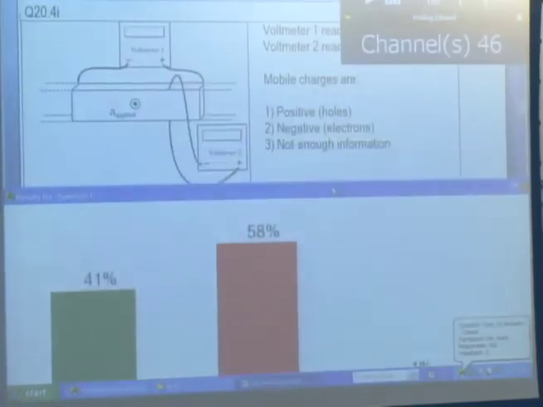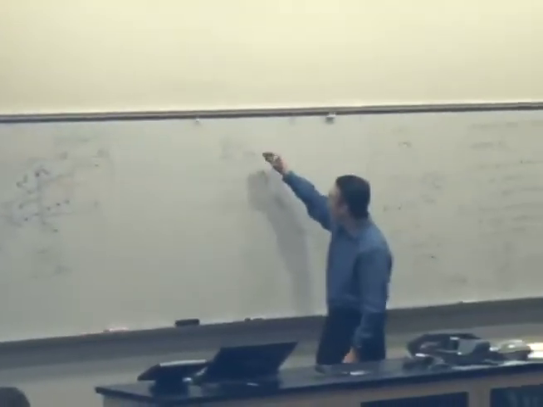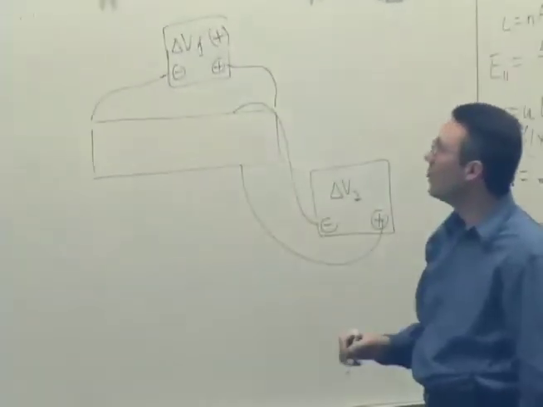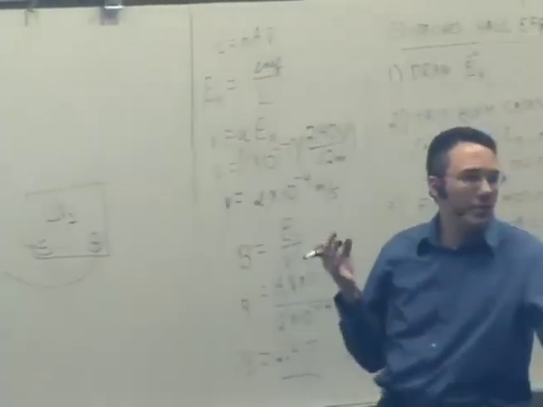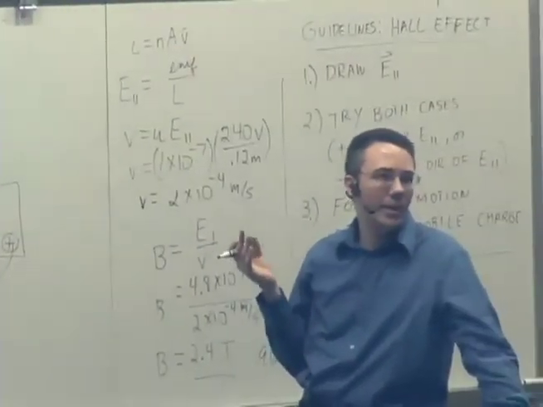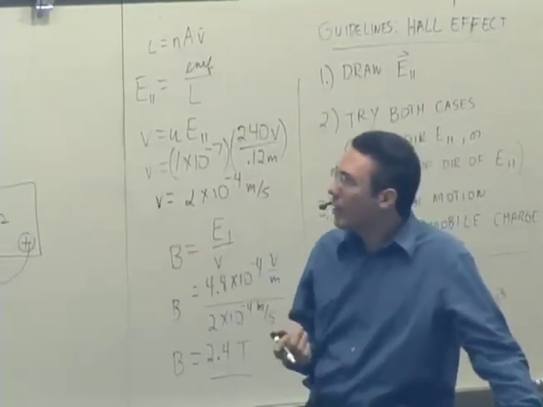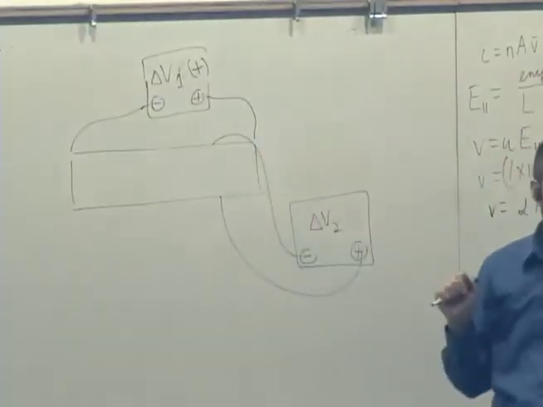The first thing, again, you have to figure out is the direction of E parallel. We're told something about the voltmeter reading here, that it is positive. What's the rule again for a voltmeter? If the positive terminal is connected to the higher potential, it reads positive. This is reading positive, so which end is at the higher potential?